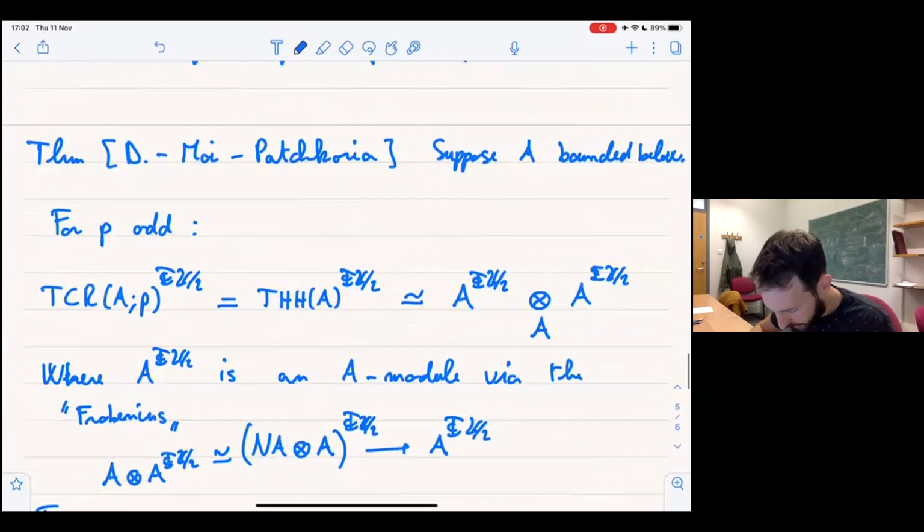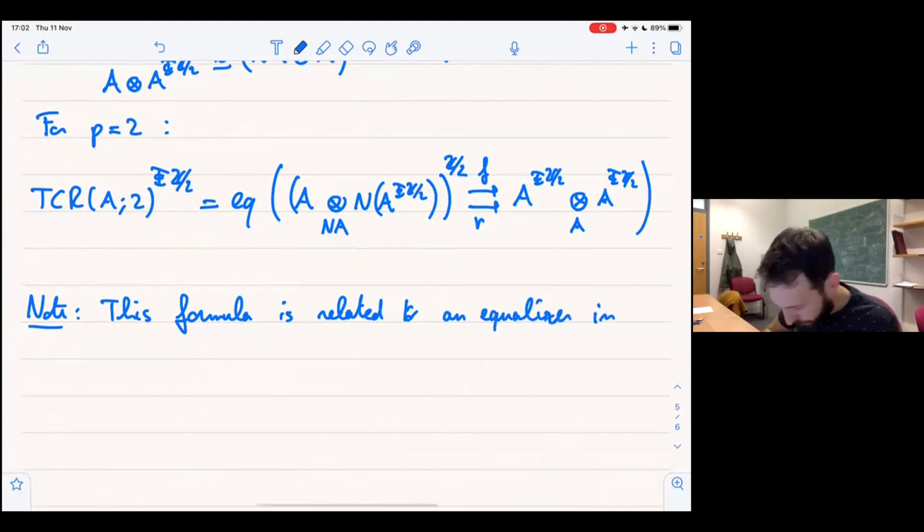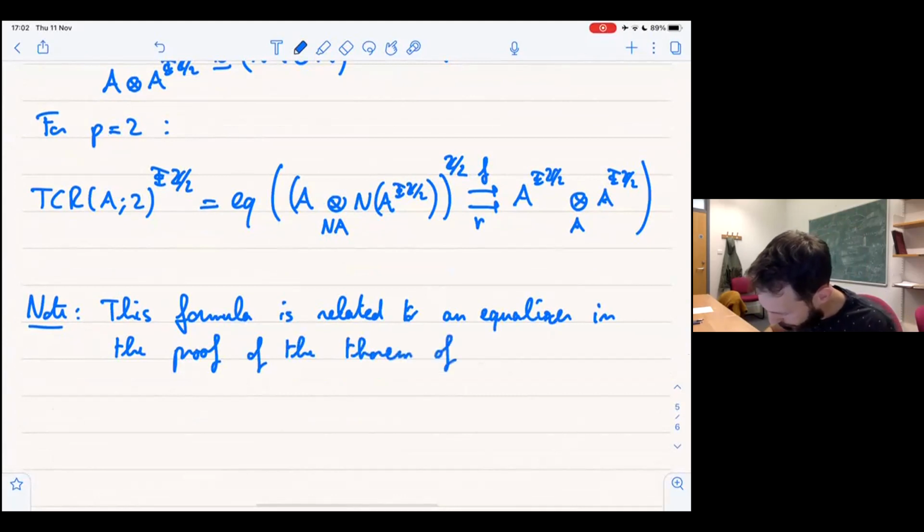So these two are related, in the proof of the theorem of Harpaz, Nikolaus, and Shah.